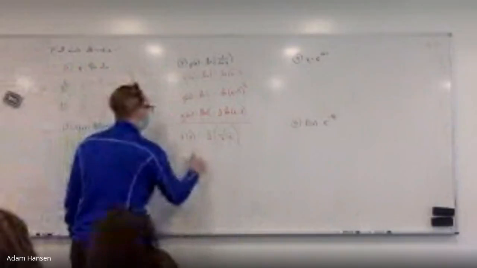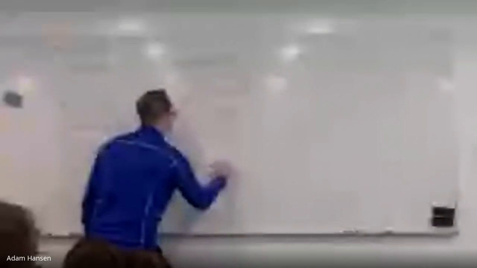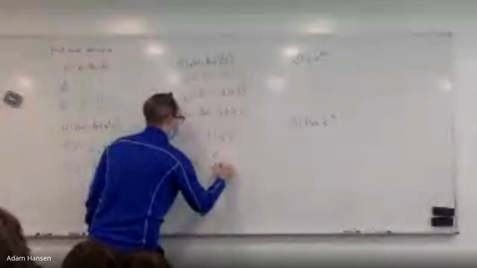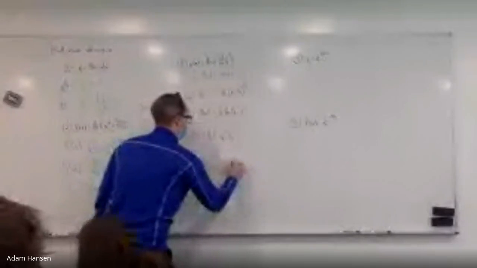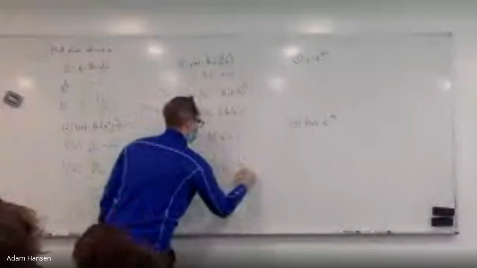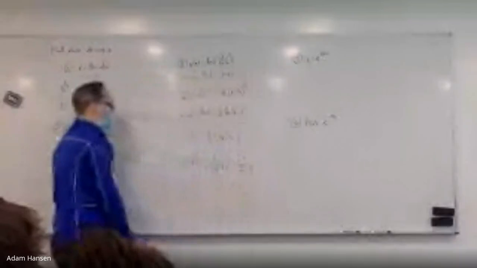G prime of x is either negative 1 over 2 quantity x minus 3 or negative 1 over 2x minus 6. How do you want to write that?